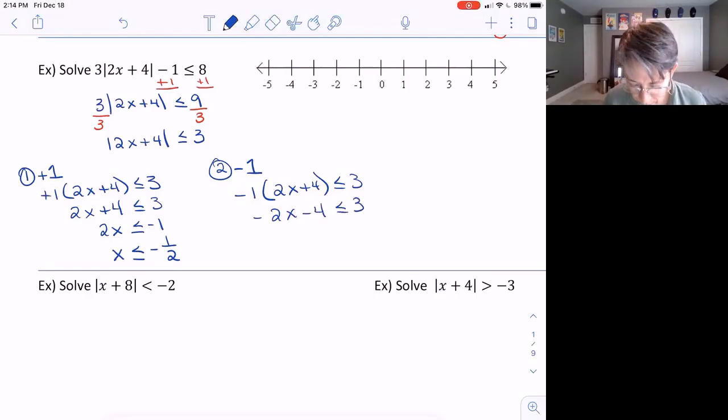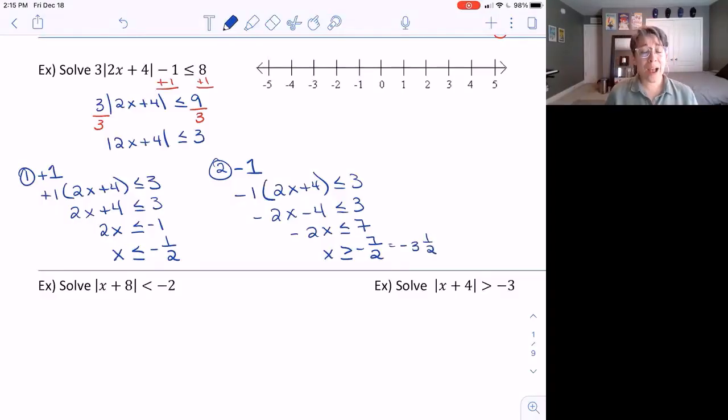Add 4 to both sides. We get negative 2x less than or equal to 7. Now when we divide by the negative 2, our inequality is going to change. And so we get x is greater than or equal to a negative 7/2, which if we're going to graph that, that gives us a negative 3.5, kind of gives us an idea of where it is.